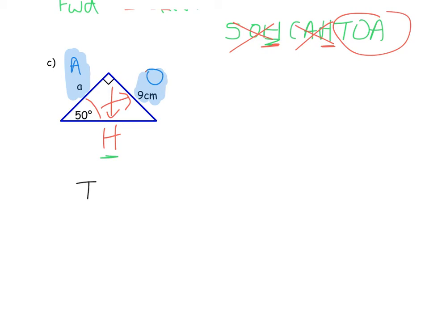So I know that the tan of 50 degrees is equal to the length of my opposite side divided by the length of my adjacent side. So the tangent of 50 degrees is equal to, my opposite side is 9 centimeters, and the symbol used for my adjacent side is lowercase a.